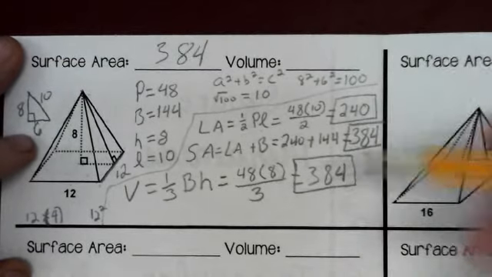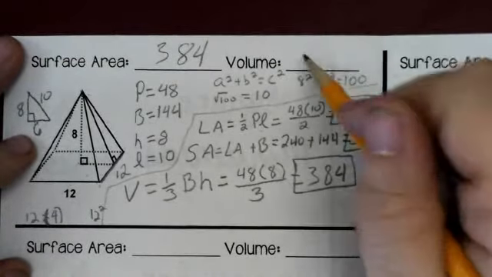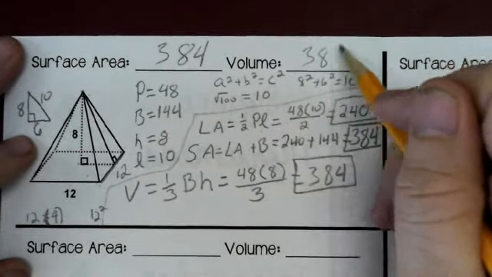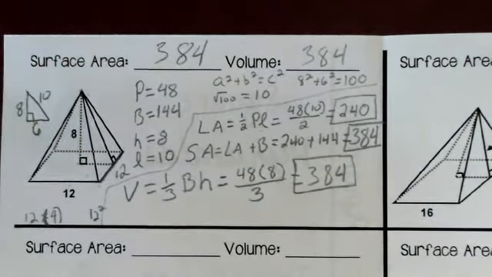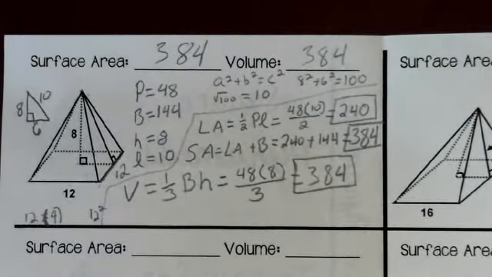Now, this is a very odd occurrence that the volume and the surface area are the same, but it does happen sometimes if you have a pyramid that is just right. So that is the surface area and volume of a square pyramid.